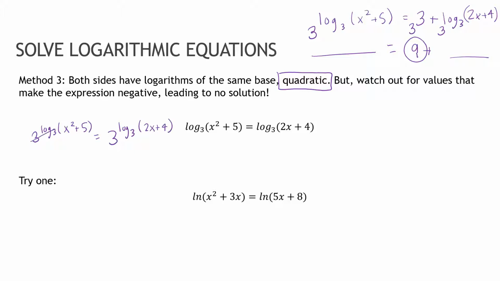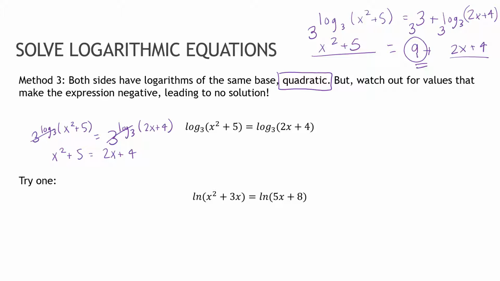And those things cancel, and those exponents come out to the front, so I get x squared plus 5 equals 2x plus 4. And again, going back to this question, I would have those same things here, but I would still have that plus 9, and I would just have to deal with that.